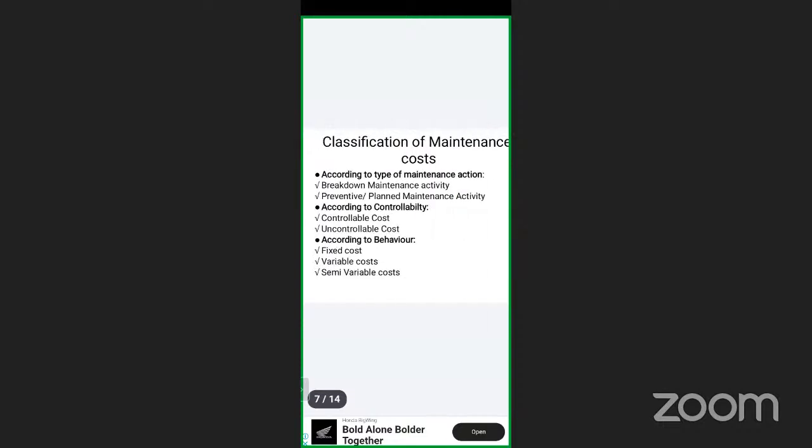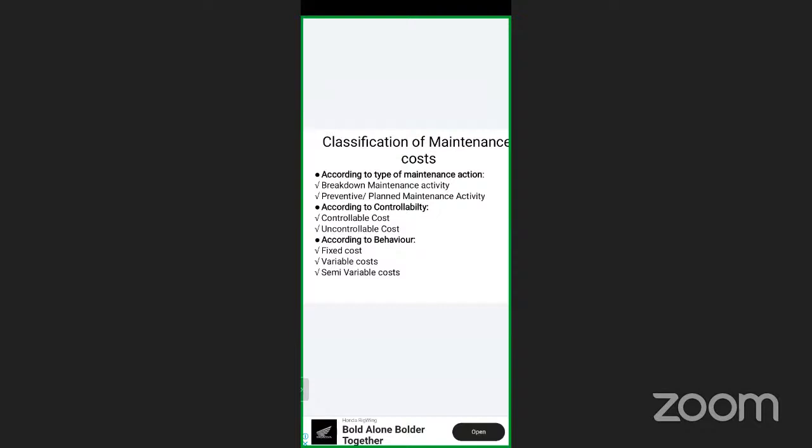Then you have the classification on the basis of the type of maintenance action. So what is the action you are taking? Are you maintaining the machines after a breakdown has happened, or are you maintaining the machine in a planned, preventive way? Before the asset has gone for a breakdown, you are preventing that breakdown.